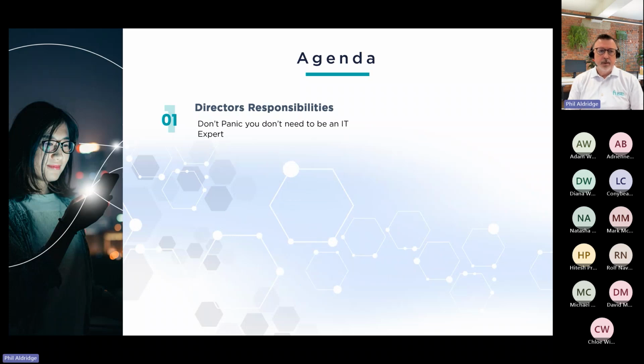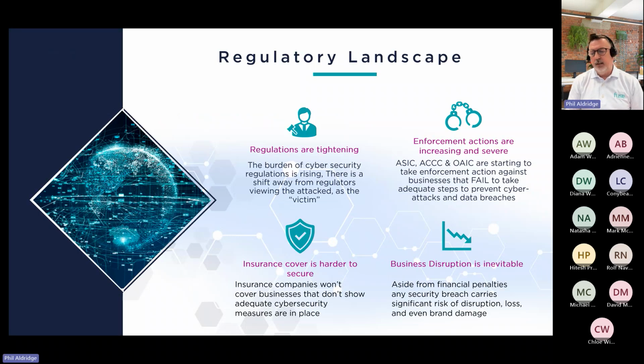So directors' responsibilities. I think the majority of businesses in Australia are small businesses, over 95%. And actually, up till now, small businesses have been predominantly exempt from regulations around reporting. If you're in specific industries, you are required to report, but the majority of companies don't have to.